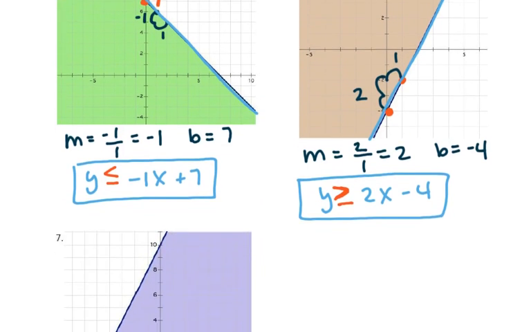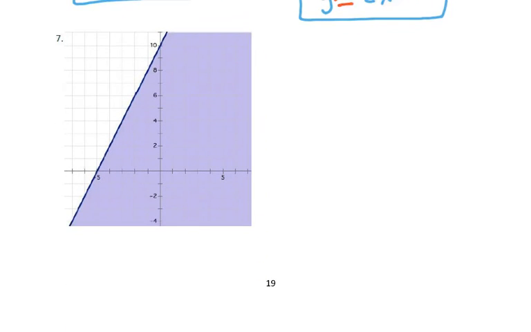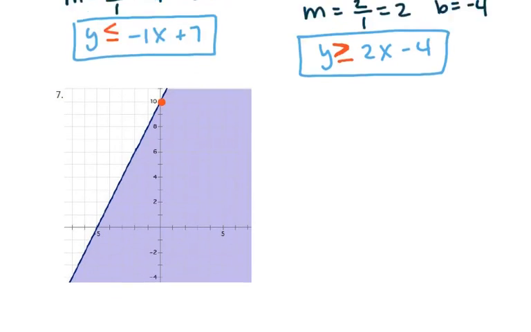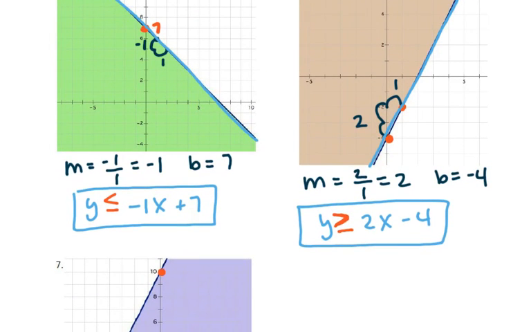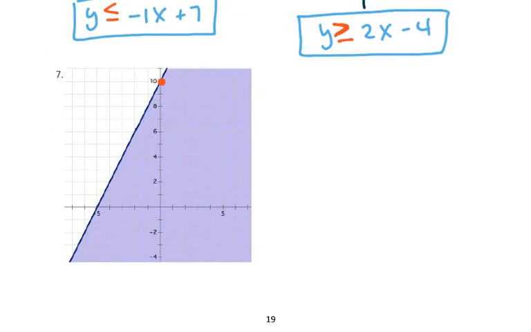Okay, so let's take a look at the last one. All right, so again, we're going to start with the y-axis here. This one is crossing at 10. And this one, it looks like we've had a negative slope here, a positive slope here. This one looks positive, but I can't really go up and right.